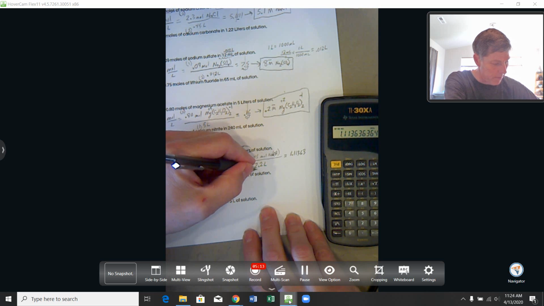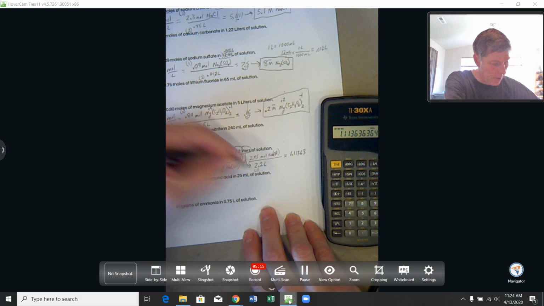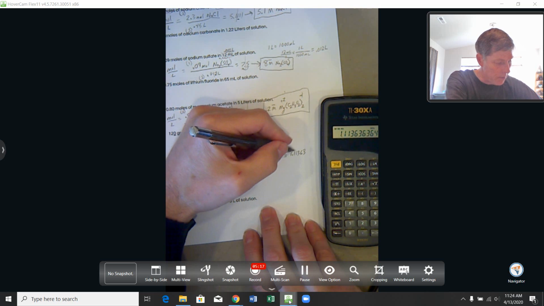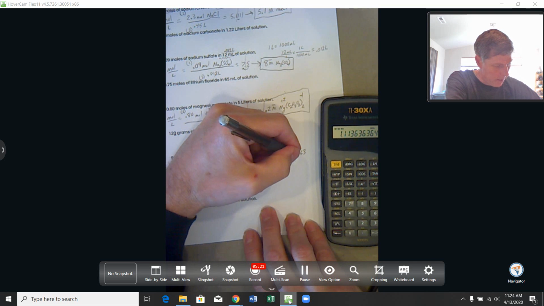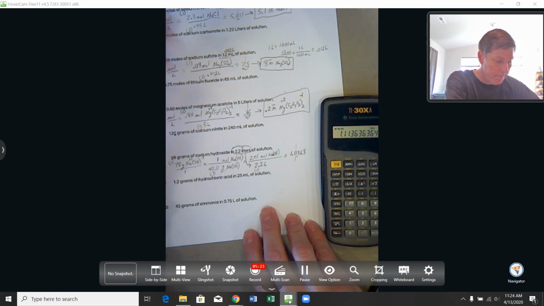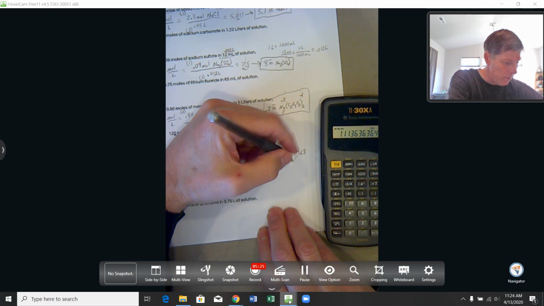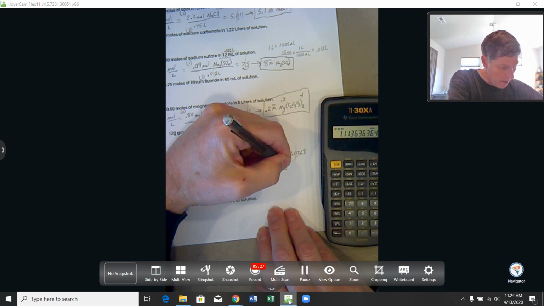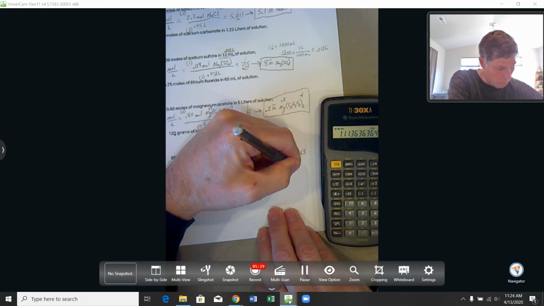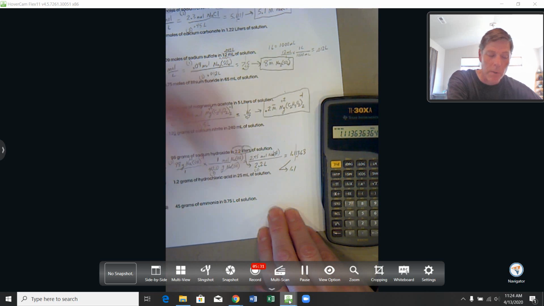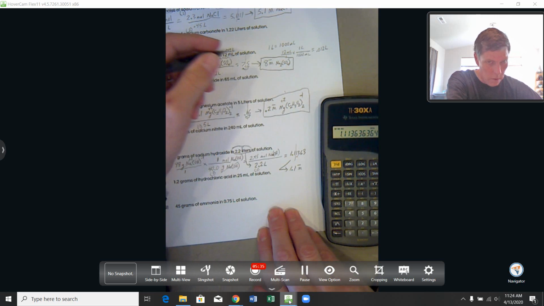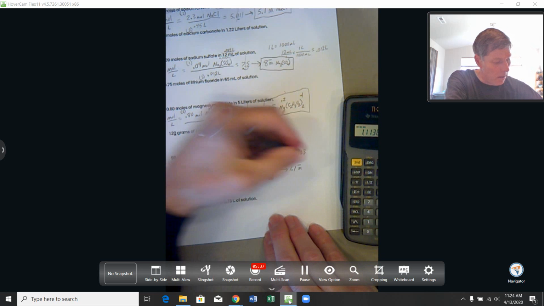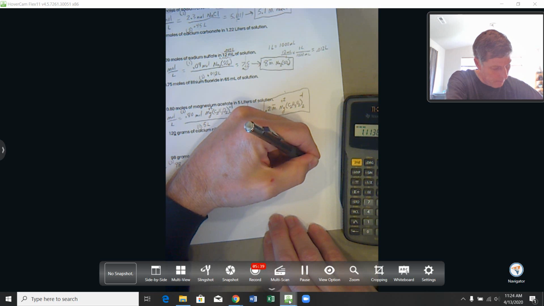And down here, given values, there's 2 as well. That means my answer is going to get 2 sig digs. 1, 2, drop my line. I look 1 spot over. It's not greater than 5, so it can't round. That means my final answer becomes 1.1. But it's 1.1 what? Well, it's 1.1 molarity of NaOH.